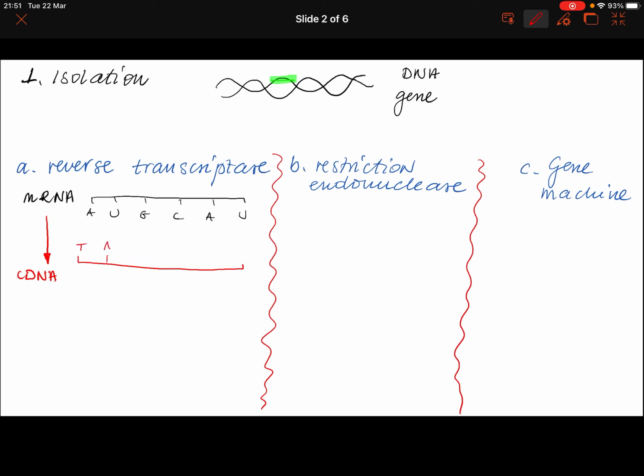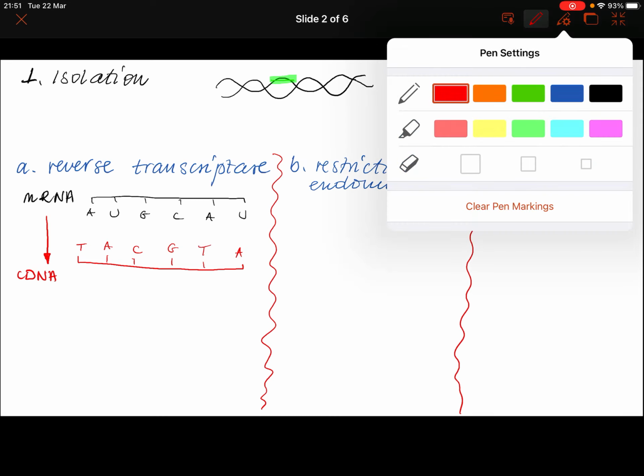So adenine goes with thymine, uracil with adenine, guanine with cytosine, cytosine with guanine, adenine with thymine, and uracil with adenine.